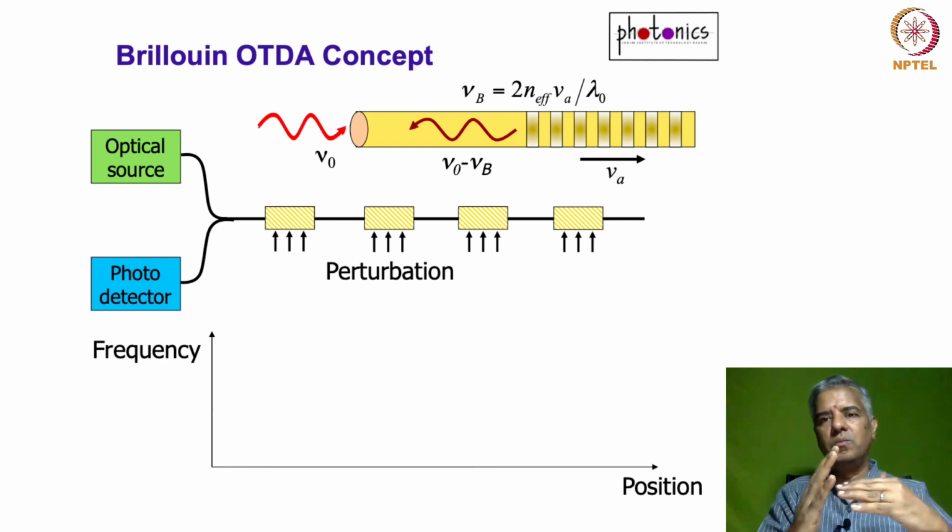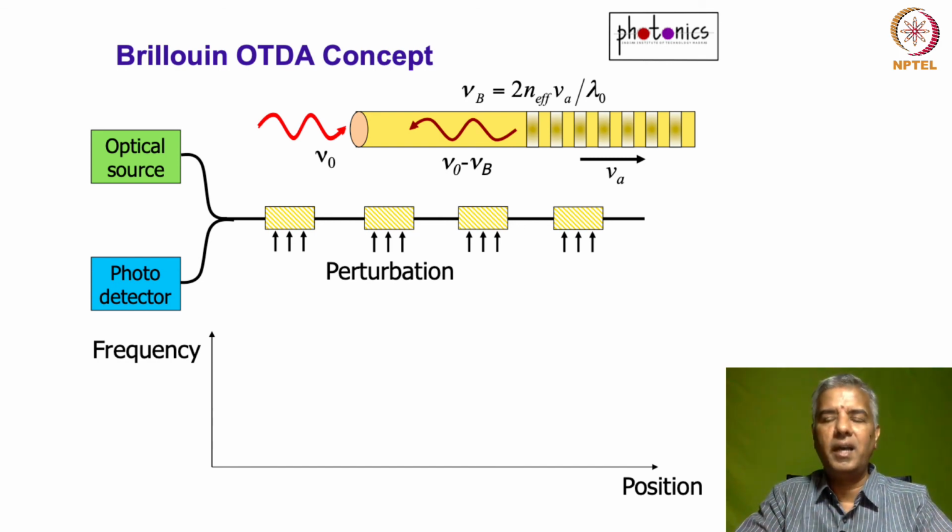If the mirror is moving away from the wave, it ends up stretching the wave, and the backscattered light is going to have a lower frequency, longer wavelength essentially, right? So the frequency shift that you get is proportional to the acoustic velocity. Okay, so that is a very important aspect.